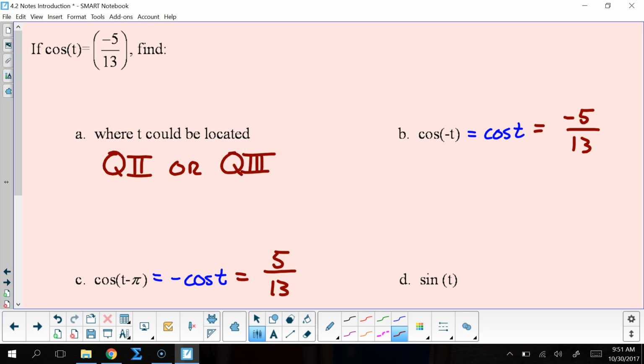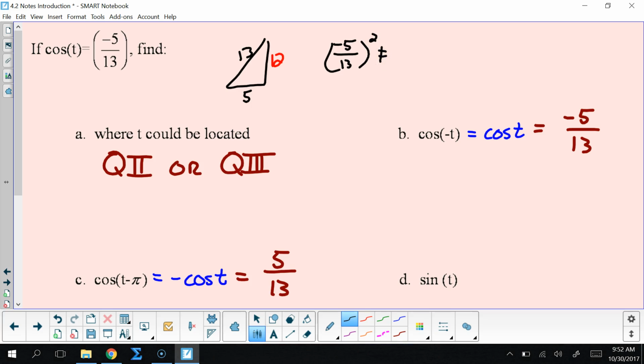Okay. Sine of t. If you went triangle-wise, 13 would be there, 5 would be there. Pythagorean tells me that that one is 12. If you went hammer-wise, that would be negative 5/13 squared plus the sine squared of t is equal to 1.